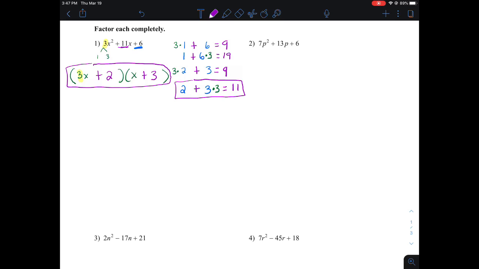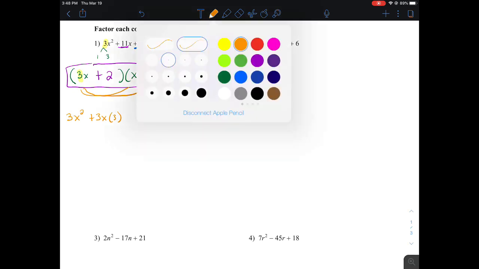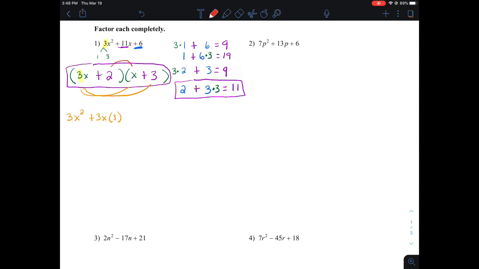But to see why this is the way it is, if I start the process of distributing, 3x times x makes 3x squared. Then I would take the 3x and multiply it to the plus 3. So 3x times 3 gives me 9x, but I'm just not writing that at this moment. Then I would take the positive 2 times x, 2 times 1x gives me 2x, and then 2 times 3 gives me plus 6.